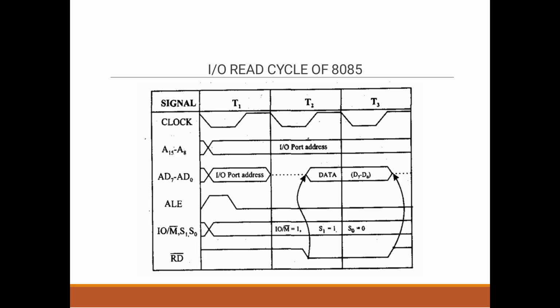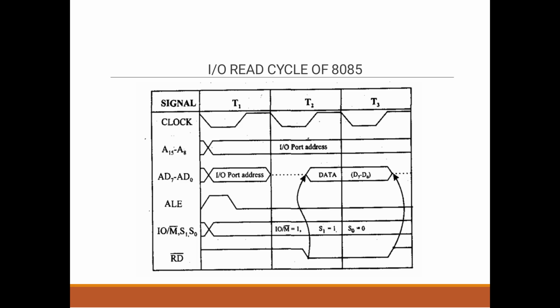Here we have three T states, T1, T2, T3, and the clock signal contains rising and falling edges. A8 to A15 contain the IO port address, and AD0 to AD7 contain the IO port address in the T1 state and the data in the T2 and T3 states.